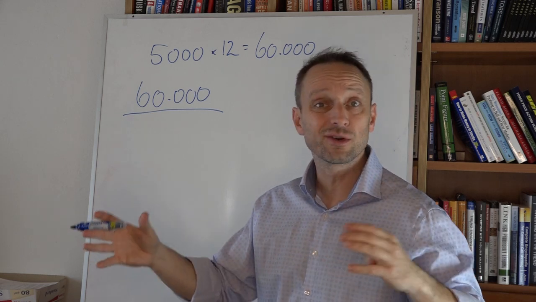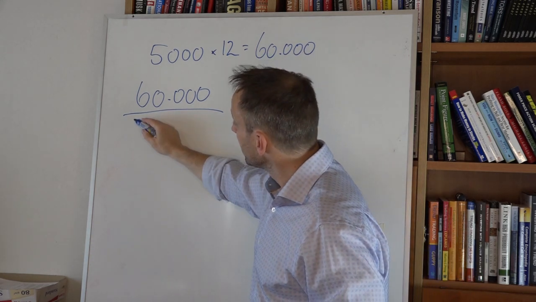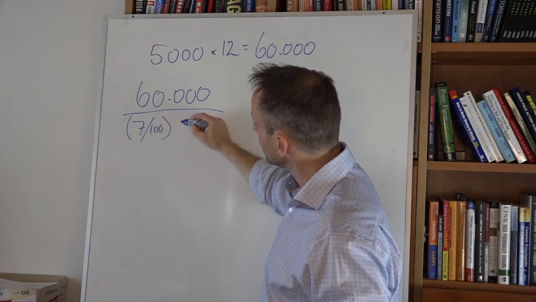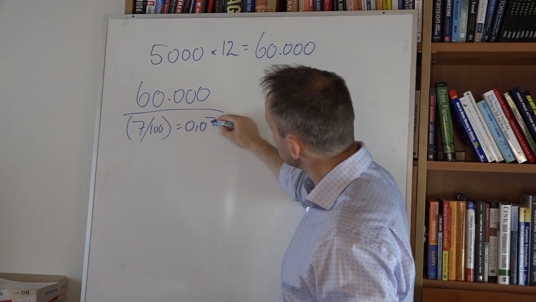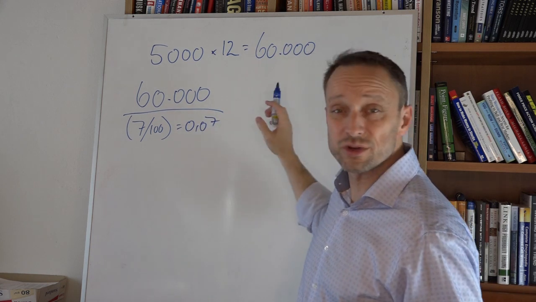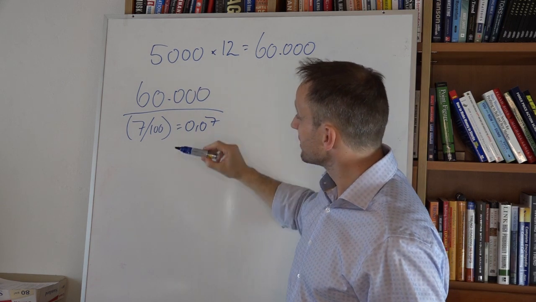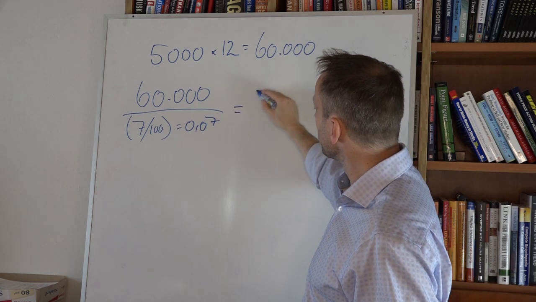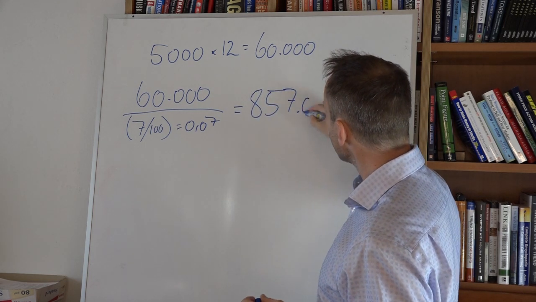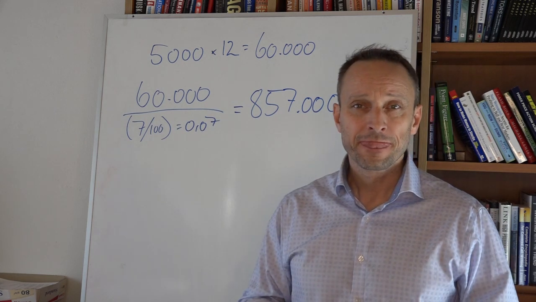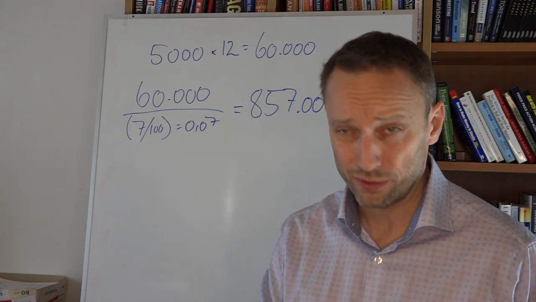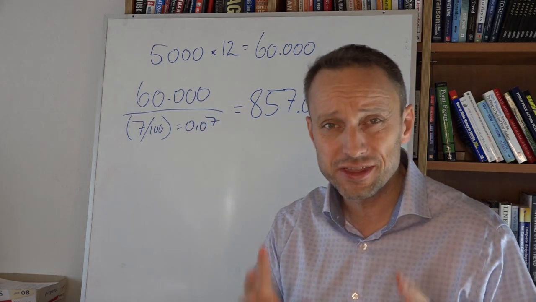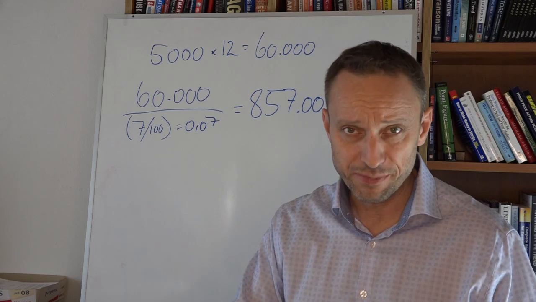You might say it's 8 or 6 or whatever, but let's just say that it is 7% divided by 100, because that is 0.07. If we divide 60,000 with 0.07 here, we get something like $857,000. That is how much you need in your account at 7% per year to make sure that you have $60,000 every year to pay your expenses.